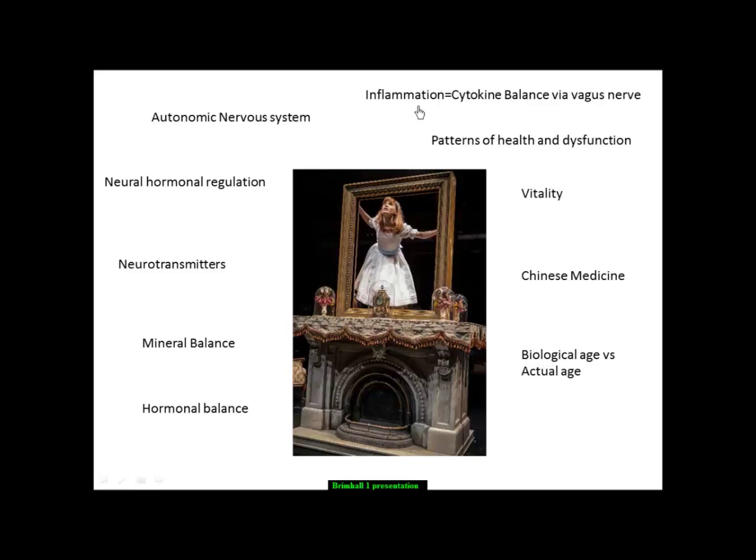I briefly talked about inflammation and cytokine balance via the vagus nerve. We're going to start to show you patterns of health and dysfunction, looking at heart rate variability. We briefly talked about neurohormonal regulation. We haven't talked yet about the neurotransmitters that we see here, the mineral balance, the hormonal balance, and the vitality. We talked a little bit about that.